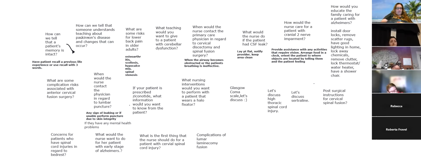So we're talking about meningitis. Okay. What kind of personal protective equipment would you expect to wear? Would it be gloves and a surgical mask for droplets? Yep, very good.